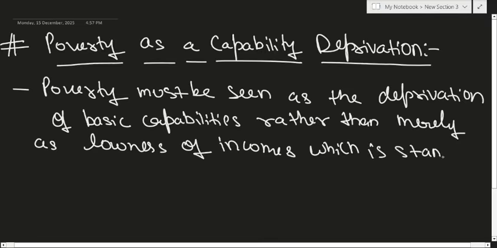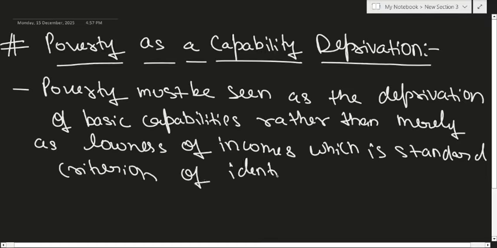So basically, what the author is telling us is that we cannot reduce poverty to the sole factor of income deprivation. It is a holistic concept of capability deprivation, of which income is just a contributing parameter. Okay, which is the standard criteria of identification of poverty.